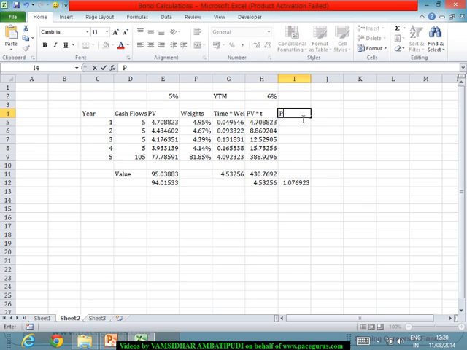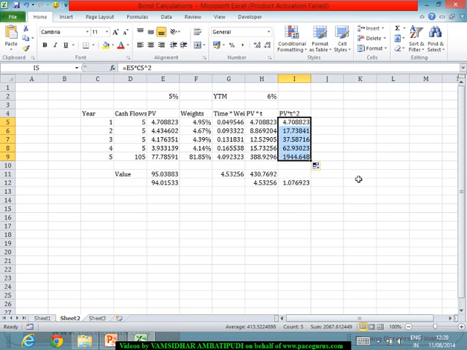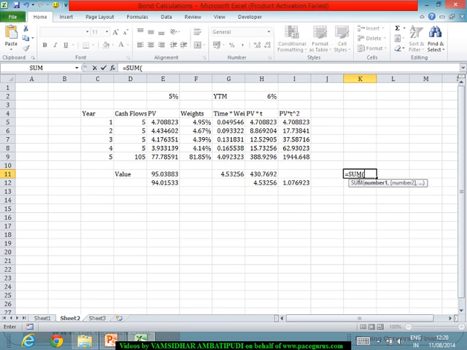Instead of PV multiplied by T, I would multiply PV by T square. So I will take this PV multiplied with T square across, and finally I am going to add them up, and this time I would divide this number by the price, saying that this is the convexity.